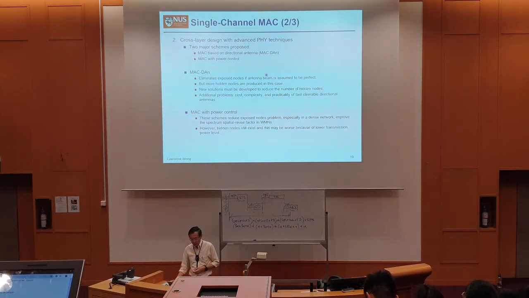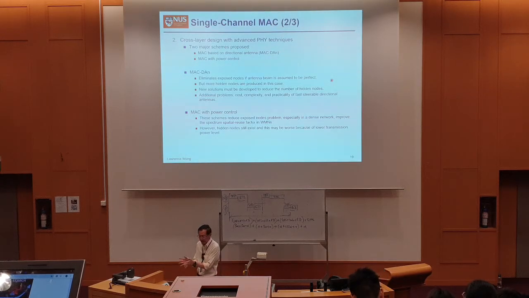Okay, so the enhancements that use directional antennas, or DAN, they can potentially eliminate the exposed node problem if the antenna beam, so you can do beam steering here, and we have more examples later.